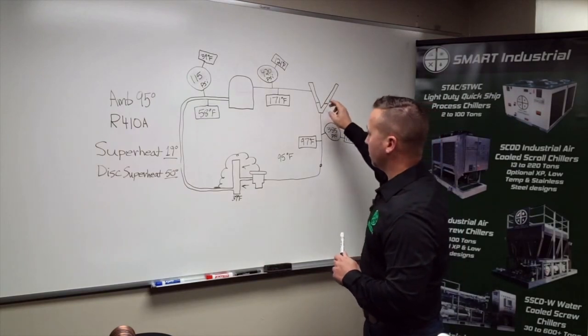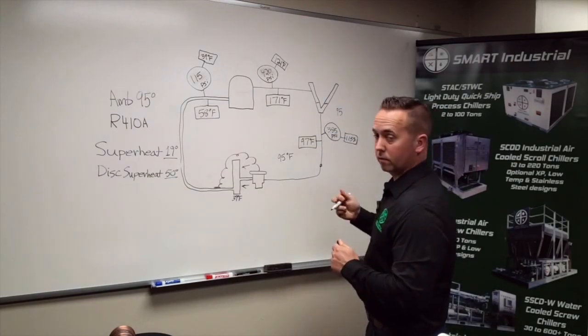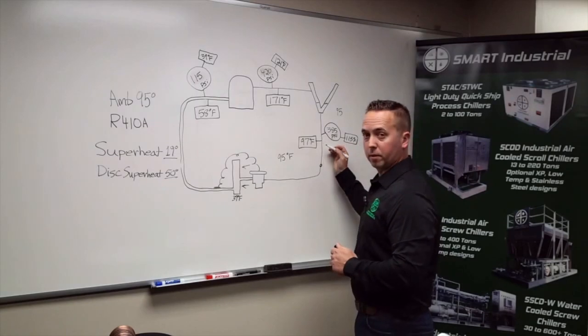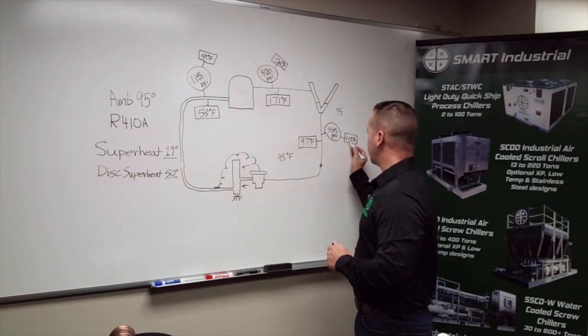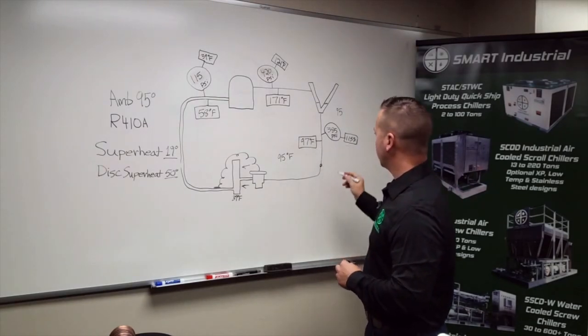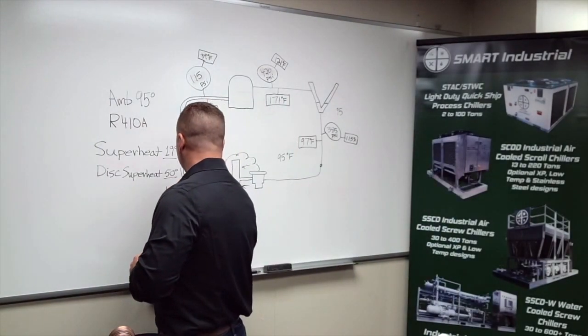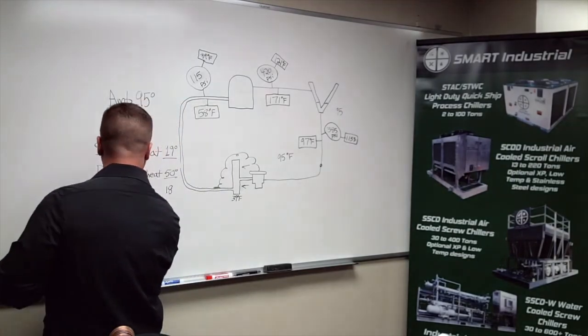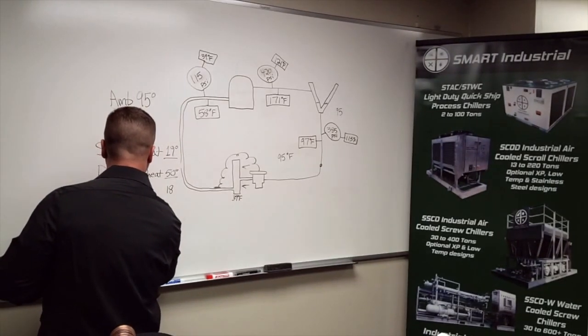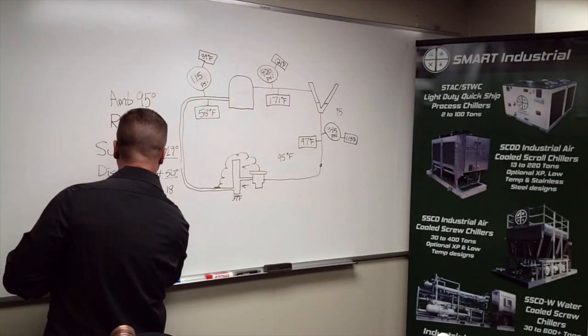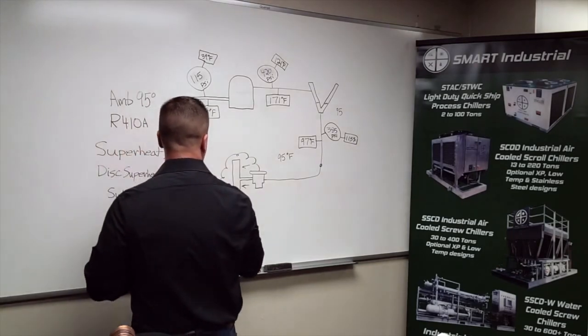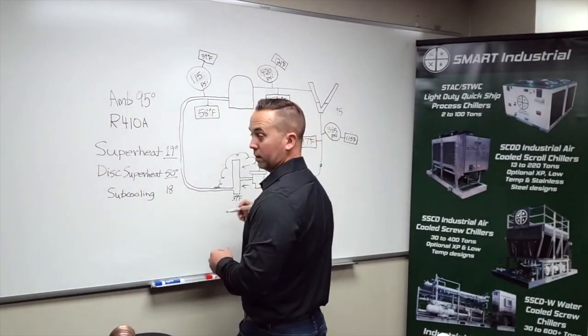Therefore, we are still able to remove additional heat from that refrigerant after it became a liquid. The difference between 115 and 97 is 18 degrees. We call that temperature subcooling. Subcooling is heat removed after the state change to a liquid.